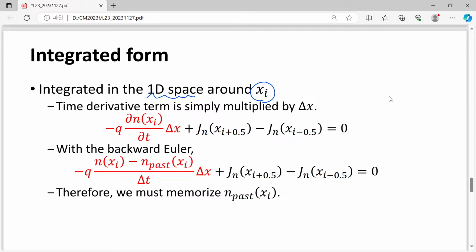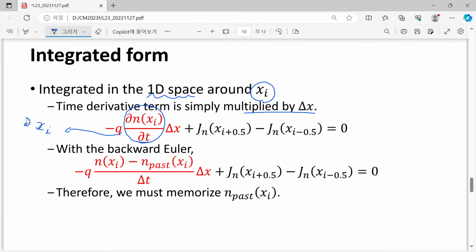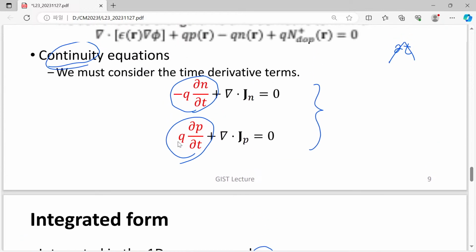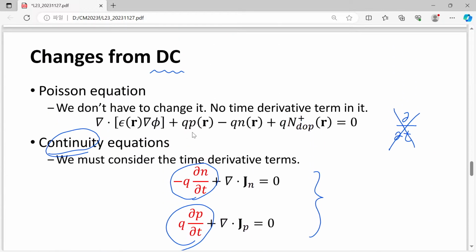This is for the electron continuity equation, but it is the same for the hole continuity equation too. The time derivative term is simply multiplied by delta x, because this is defined on x sub i, and this becomes the representative value over the control volume, which is simply given by this one. This is quite similar to the integration of the Poisson equation.